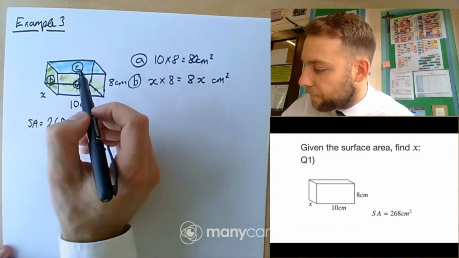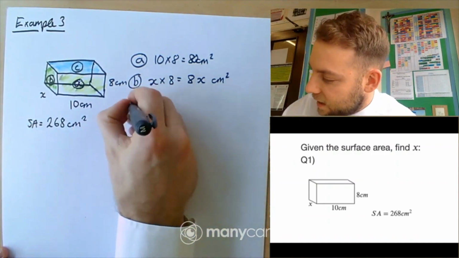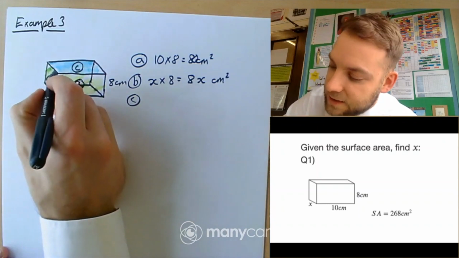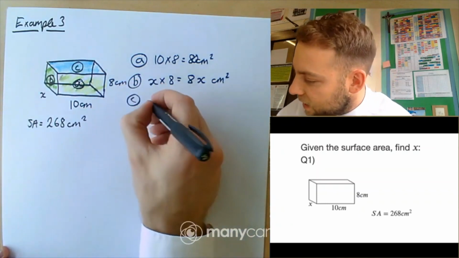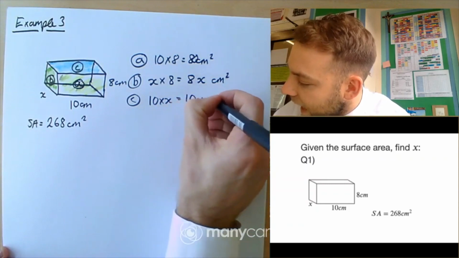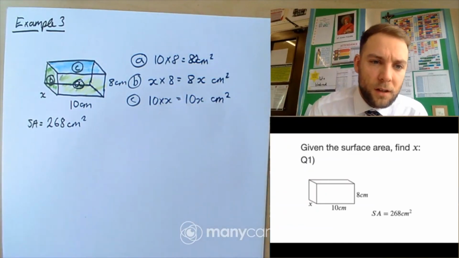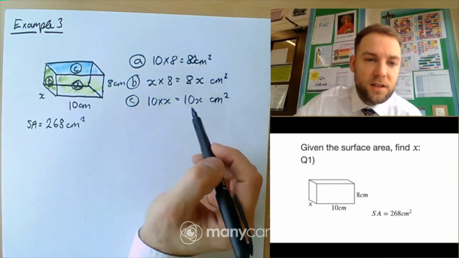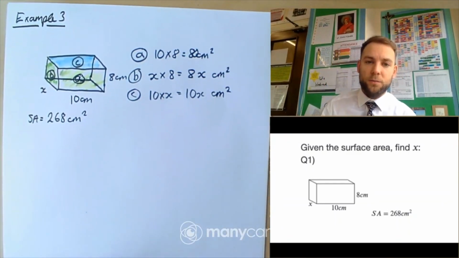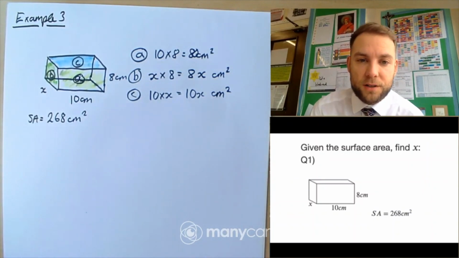And then the top part, well, this one here, the width of C is 10, and the depth of this is equal to x. So it's going to be 10 times by x, which is equal to 10x centimetres squared. So we have got things in terms of x, but don't be worried about them. Don't be nervous about that. These are just expressions.